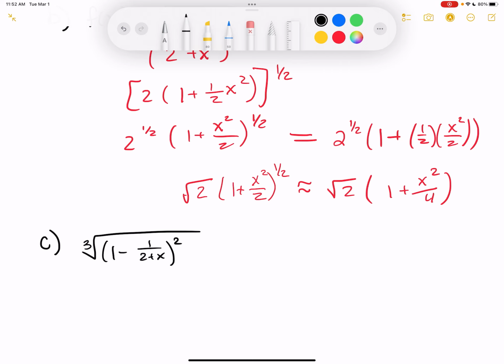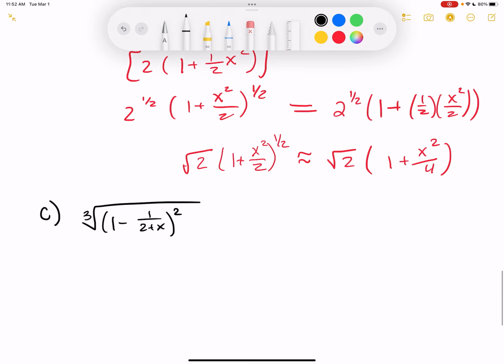What problem is this again? Yeah, 10. So with this one, we just need to rewrite this with the cube root and the exponent. So 1 minus 1 over 2 plus x to the 2/3. So that takes care of the one part because it's 1 plus x raised to the k.